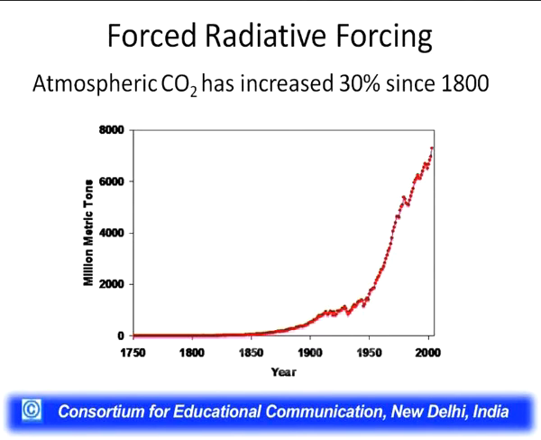If we have the graph from 1750 up to 2000, we will see an exponential growth in the concentration of carbon dioxide, an increase in the tunes of millions of metric tons.